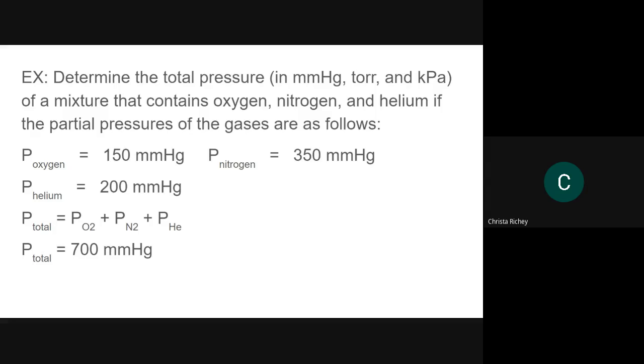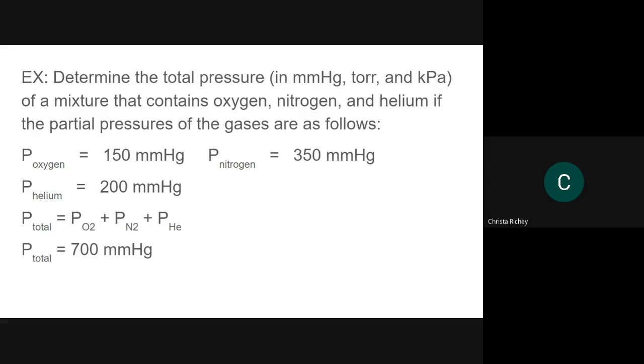Now, to change it to the other units, I don't need to do anything for torr because the 760 and 760 cancel out. So this is equal to 700 torr. To change it to atmospheres, it would be 700 millimeters of mercury times 1 atmosphere over 760 millimeters of mercury.